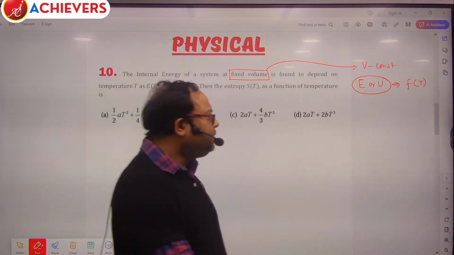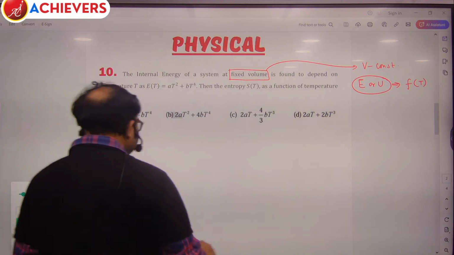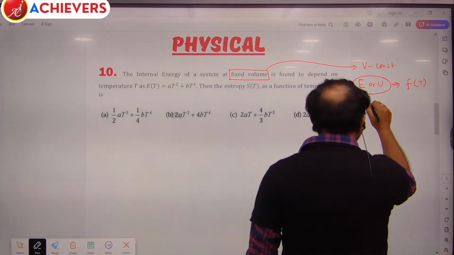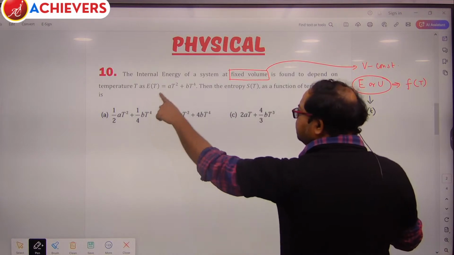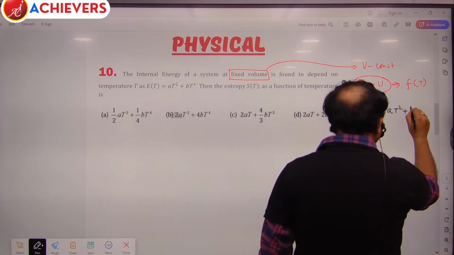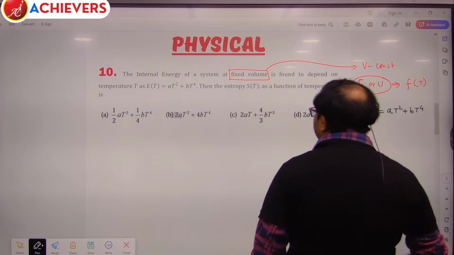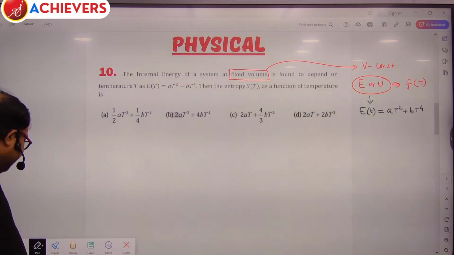And what is the expression? The expression is given by E(T) equal to AT square plus BT to the power 4, where A and B are obviously arbitrary constants.